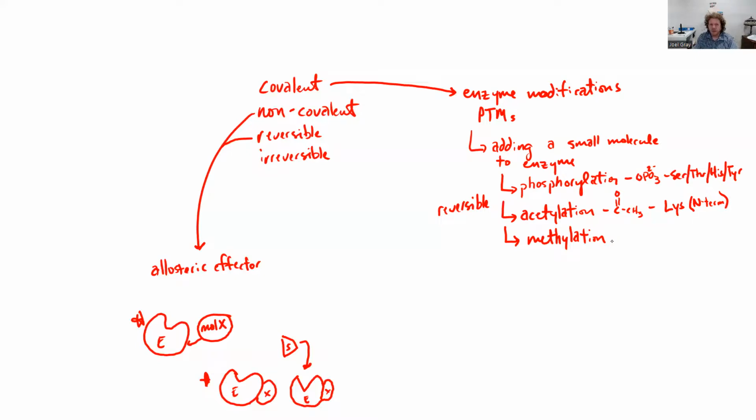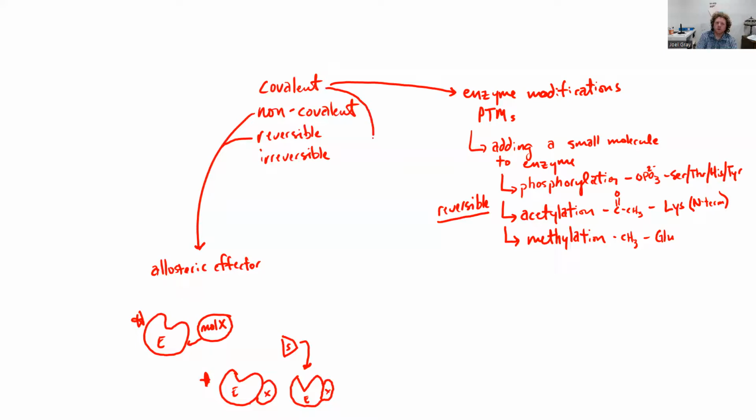Methylation is another example of a reversible covalent modification, and that's where you add a CH3 to a glutamic acid residue. Keep in mind, a glutamic acid is going to be a negatively charged residue. Adding a methyl group, you're going to take something that's polar and make it considerably less polar. Okay, so these are all reversible modifications. Those groups can be added, they can be removed.